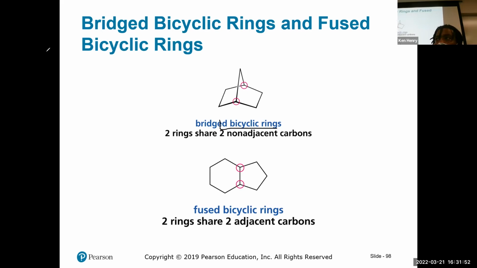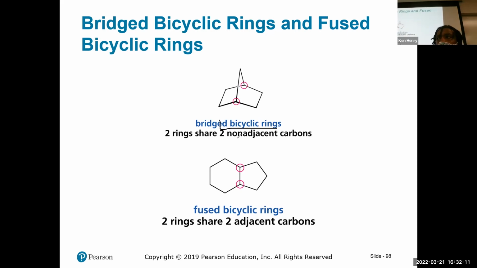And this is just showing you that structure. So this is where you're going to get your attachments. And then you're going to have two rings that are going to be shared.